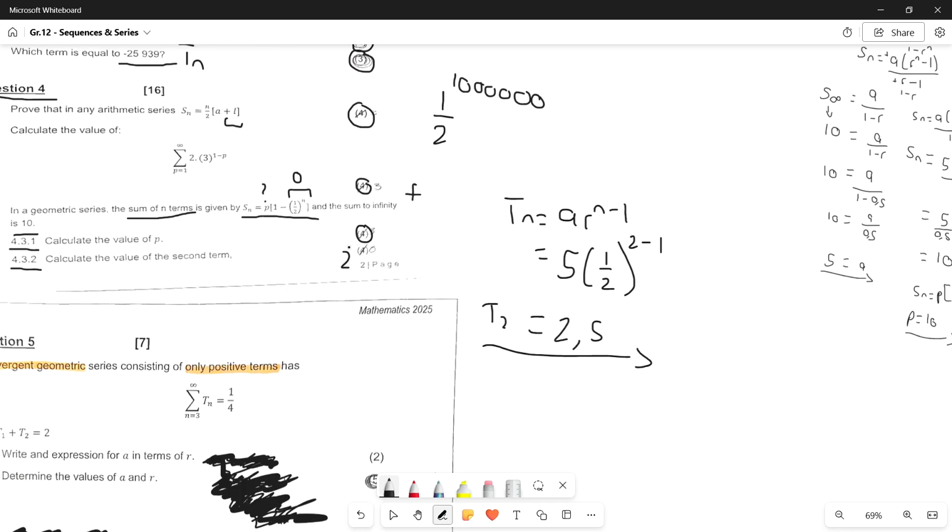Okay, and in another test that would give us 2 marks. In this test it gave us 4 marks depending on what we worked out, whether we solved for a and r only in 4.3.2 and we tried the other method in 4.3.1.